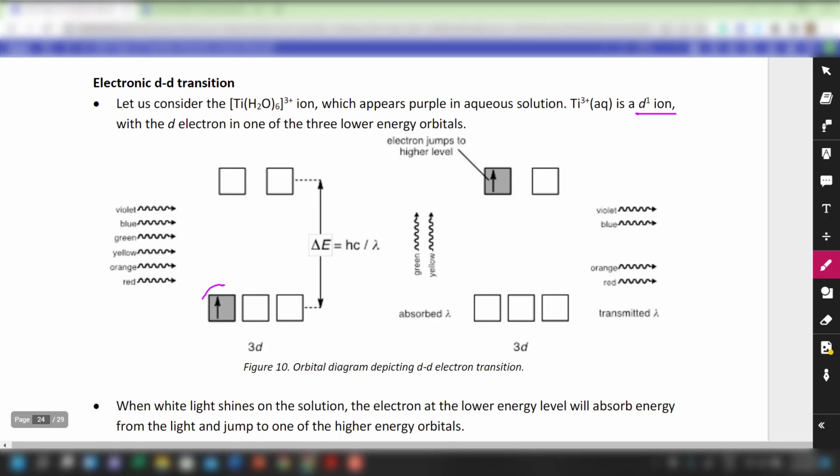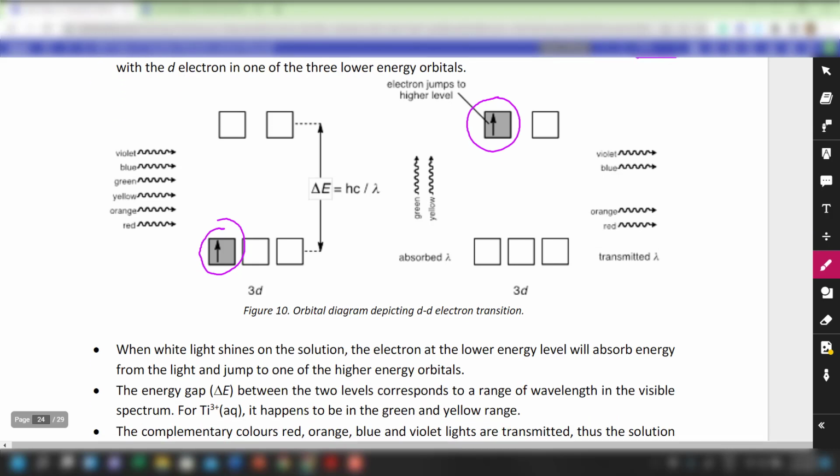When this electron residing in the lower set of 3d subshell absorbs energy equivalent to the energy gap, it will undergo electronic transition to the higher set of 3d orbitals.